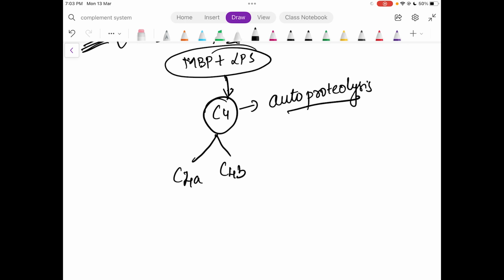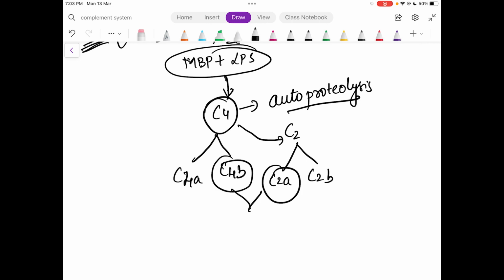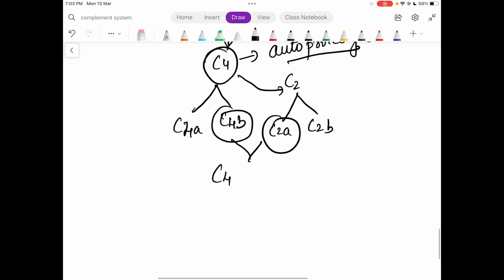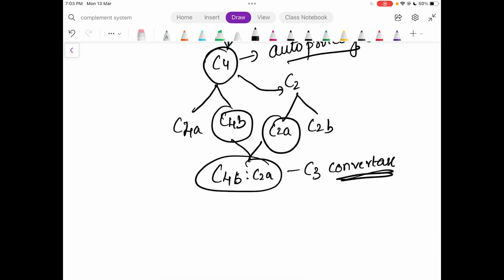This can also split C2 into C2A and C2B. Then both C4B and C2A will combine together and form a complex called C3 convertase.